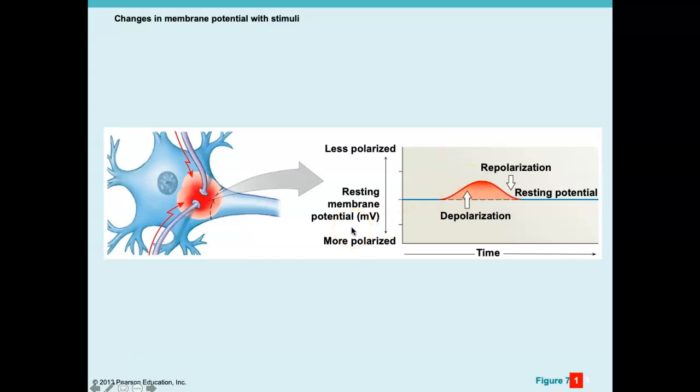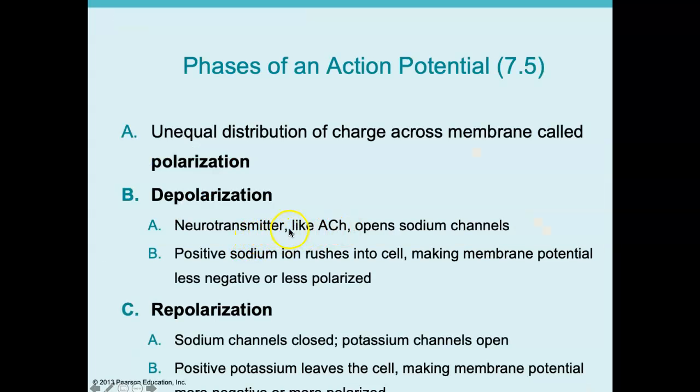That is, the neurotransmitter, say like acetylcholine, opens the sodium channels on the second cell. The acetylcholine is released from cell number 1, the presynaptic neuron. It's going to cross the cleft and open the sodium channels on the postsynaptic neuron. And once the sodium enters the cell, it causes a change in the ions. That is, if positive charges are rushing in, it's going to make the inside less negative.